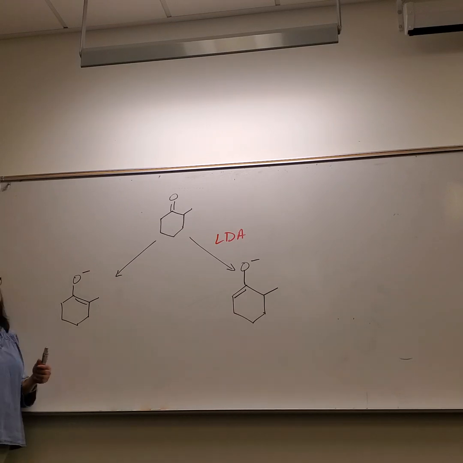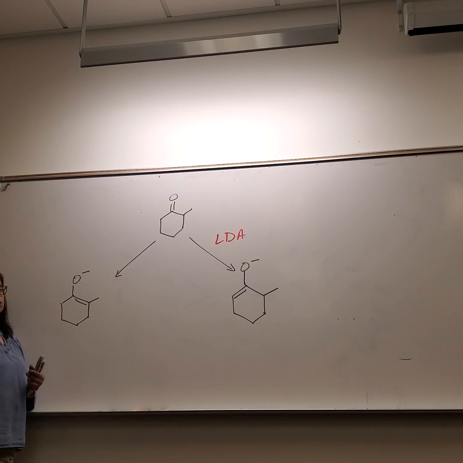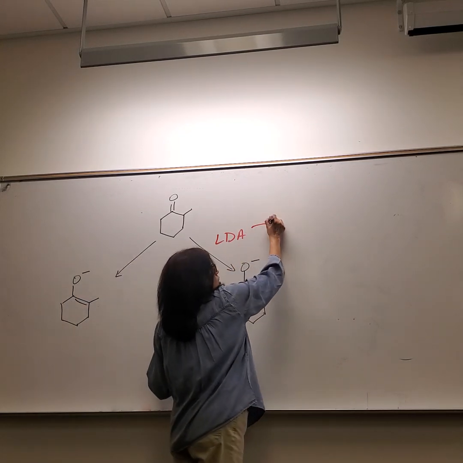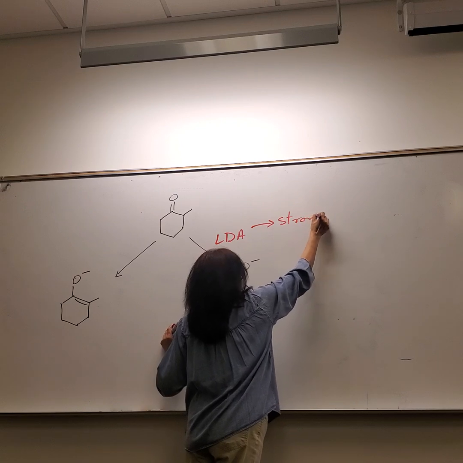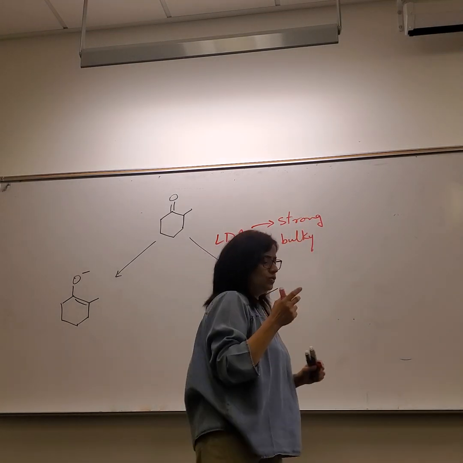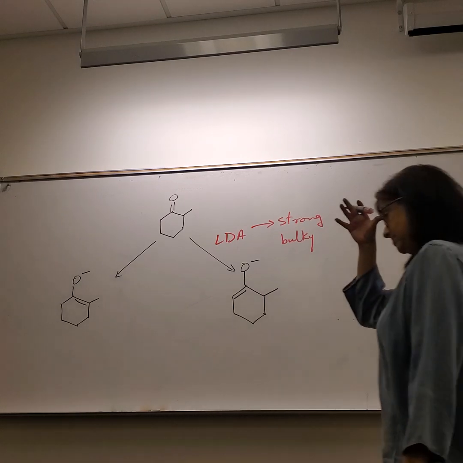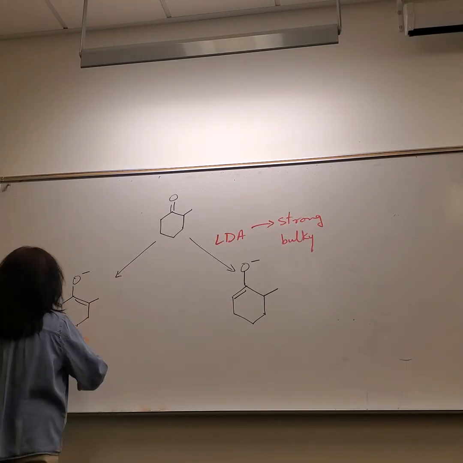You've seen those before, but you haven't seen them in this context. There are 2 strong but small bases that we have used before. Does anybody remember? LDA is strong and bulky. But we've seen 2 very strong bases that are actually pretty small. Does anybody remember which ones? Good, that's 1.